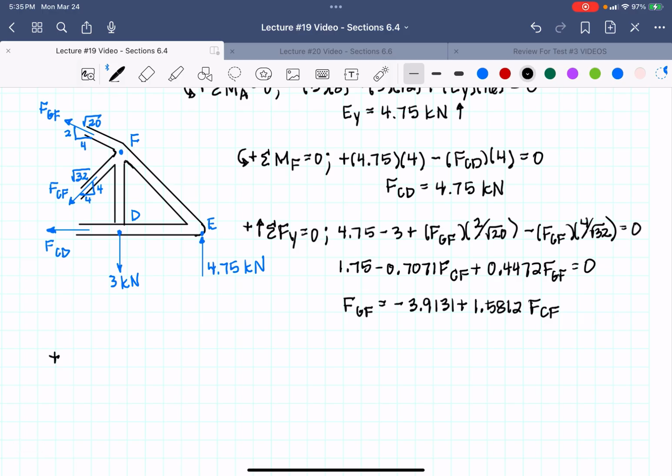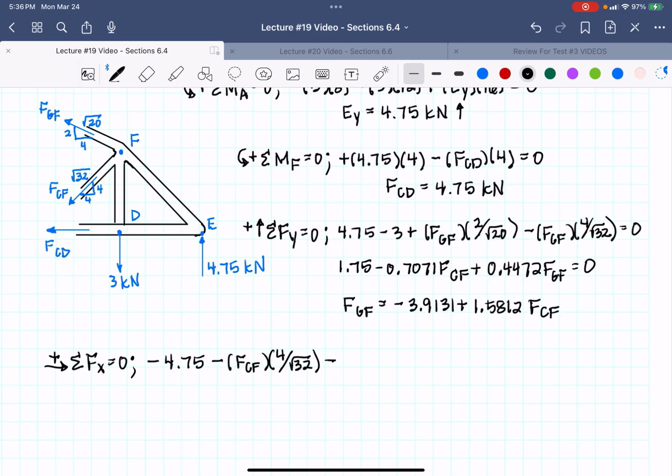All right. Now I'm going to do the sum of the forces in the x direction. So right is positive, sum of the forces in the x direction equals 0, and in the x direction I've got FCD in the negative direction, so it's negative 4.75. Then I've got FCF in the negative direction, and that is times 4 over the square root of 32.